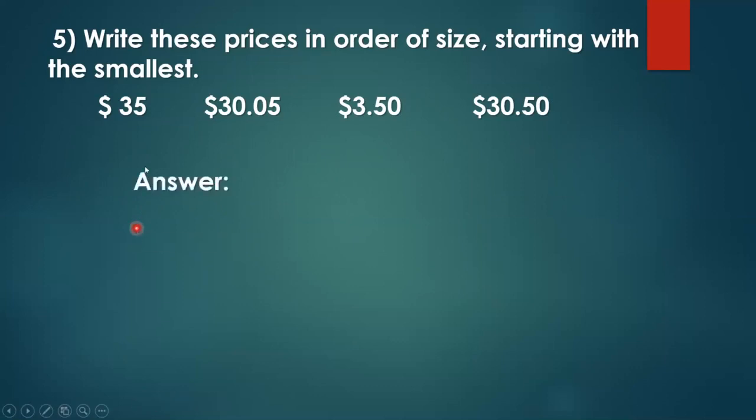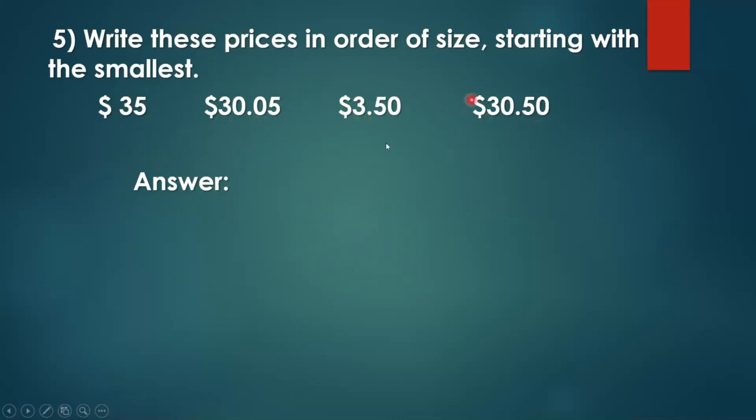Okay. From this, which is the smallest one? $35, $30, 5 cents, $3.50, and $30.50. From this, the smallest among these is $3.50. After that, which is the smallest one? Next, we can see $30.05, and this is $30.50.